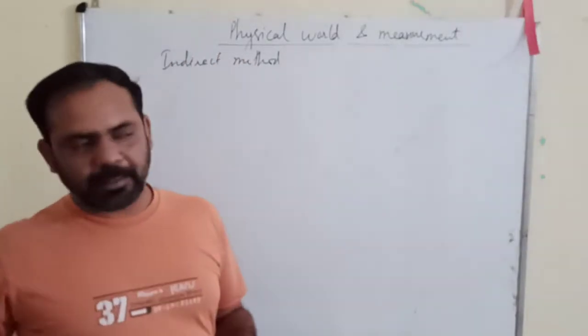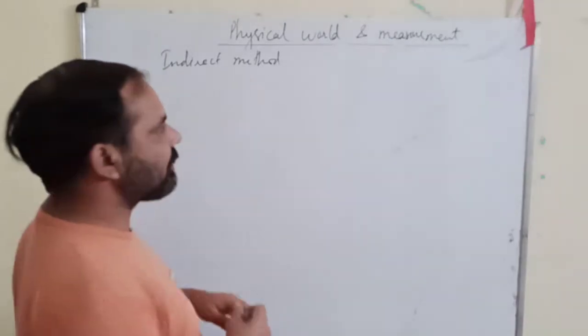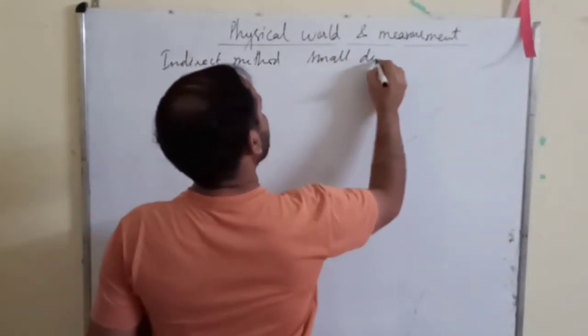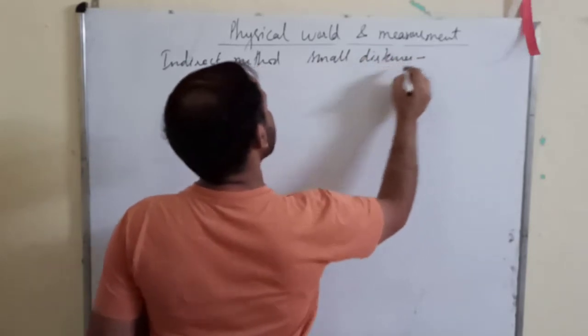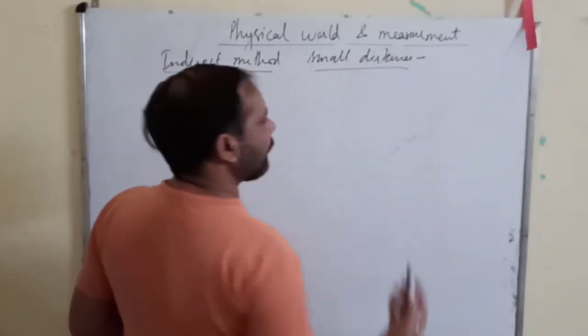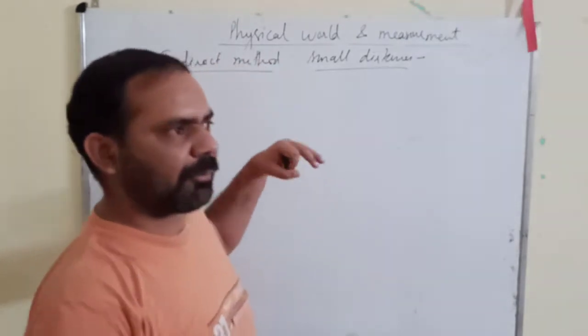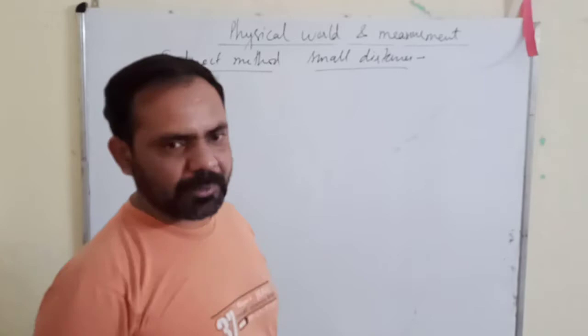Next is indirect method to measure small distances. I am giving you examples of what are direct methods and what are indirect methods. For larger distances, the indirect example I gave was the parallax method.